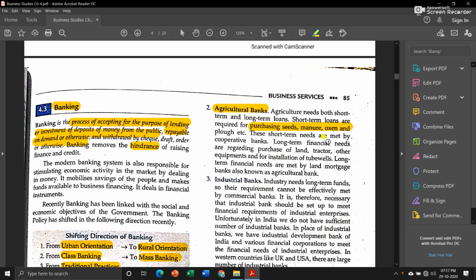Now, these short-term needs are met by cooperative banks, but when farmers need long-term finance, they cannot go to the cooperative banks. They have to go to the agricultural banks, because agricultural banks provide long-term financial loans to the farmers, and those farmers need long-term finance for purchasing land, tractors, and other heavy equipment.